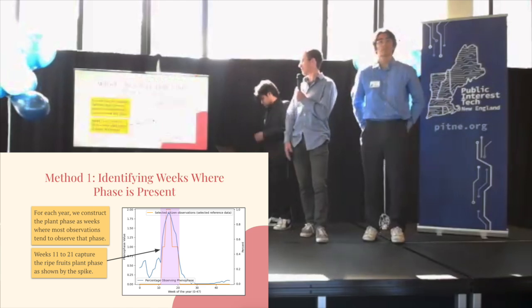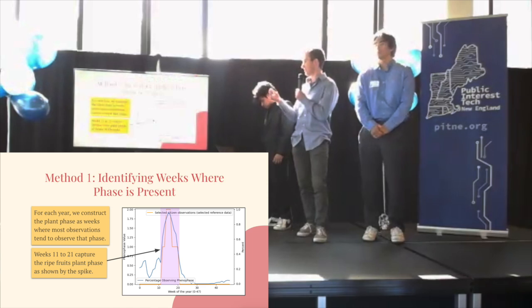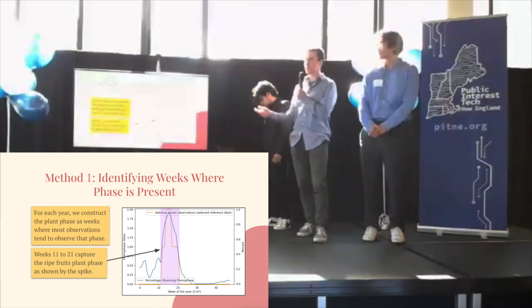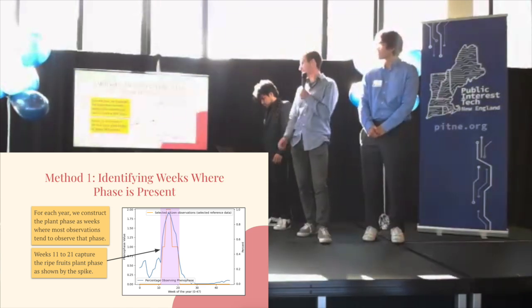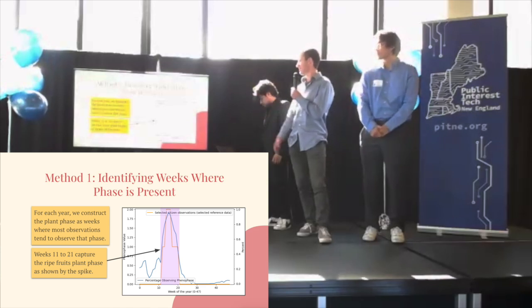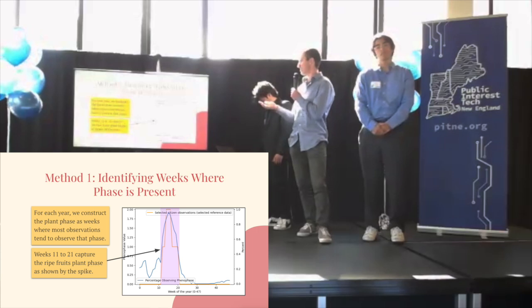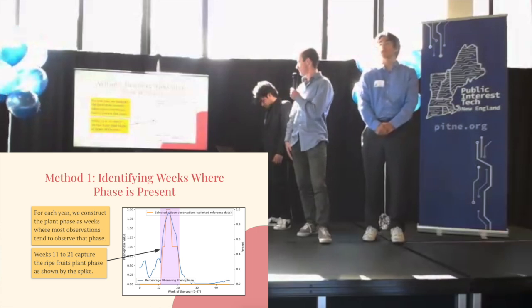Our first way was just identifying weeks where this phase is present in large numbers. Here we're identifying weeks 11 through 21 as weeks in the fruiting phase. These weeks have many species which are in the fruiting phase.